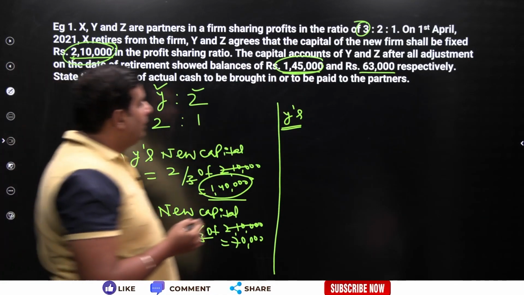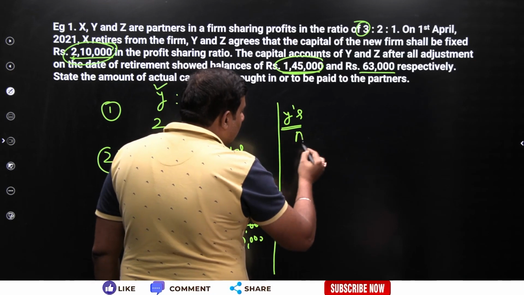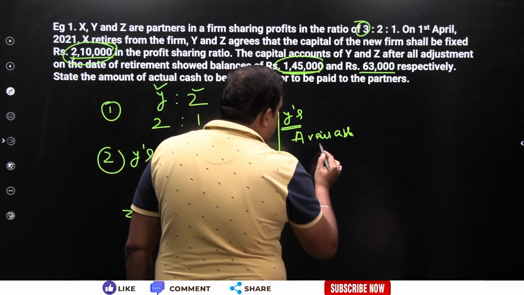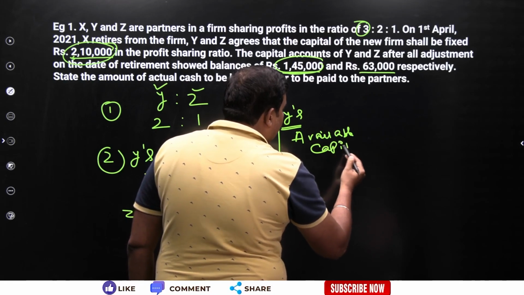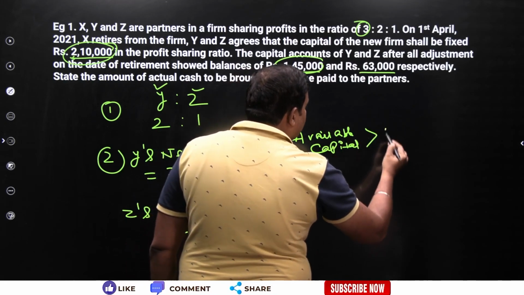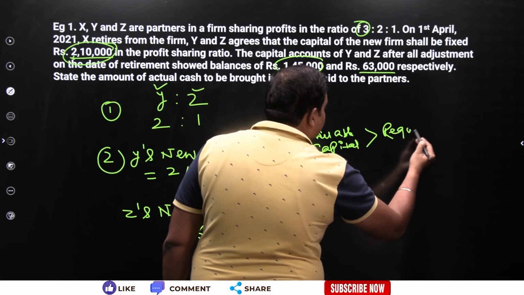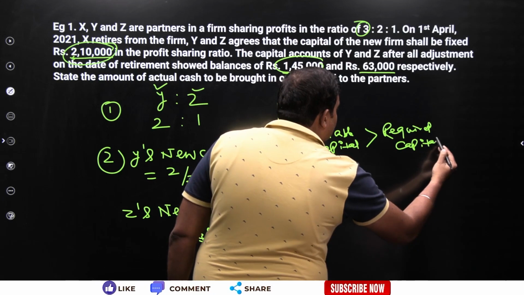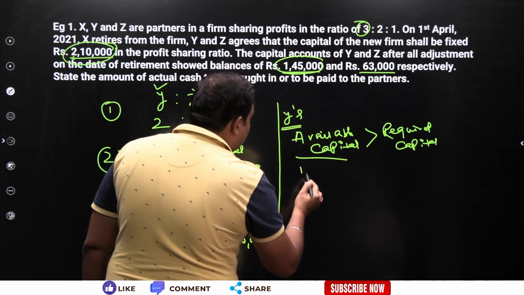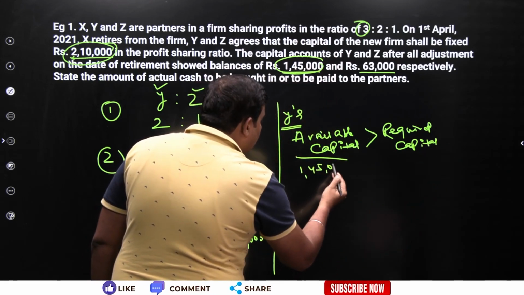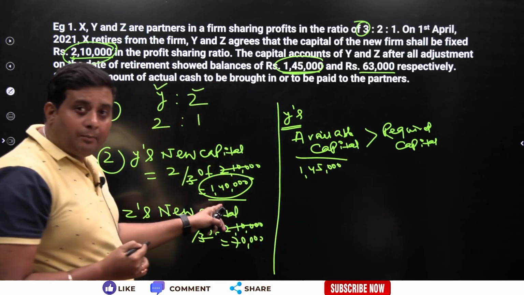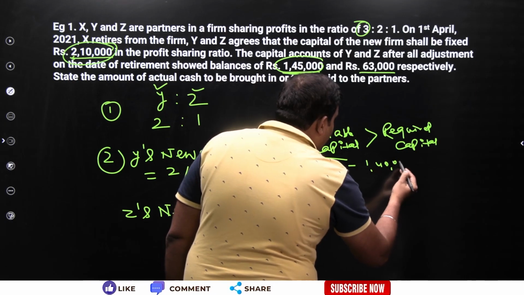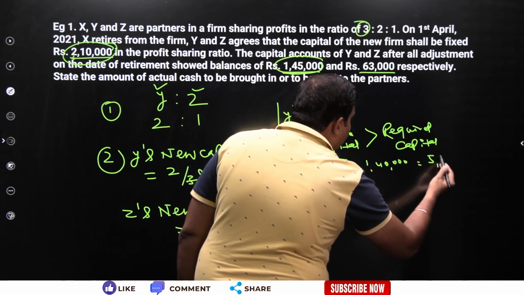So here you find that the availability of capital of Y is more than the required capital. Am I correct? Here the available capital for Y is 1,45,000 and the requirement is 1,40,000. So it means this is the amount which is being withdrawn by Y.